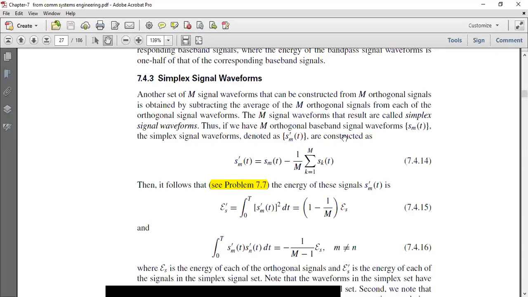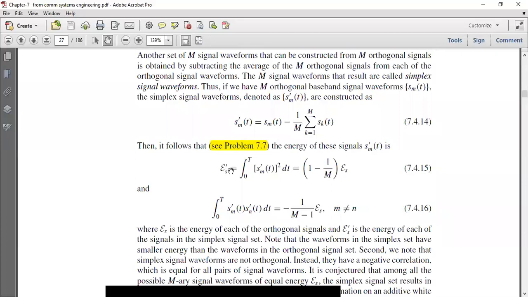The M signal waveforms that result are called simplex signal waveforms. Thus, if we have M orthogonal baseband signal waveforms Sm, the simplex signal waveforms are constructed as shown. Then it follows from problem 7.7 that the energy of these signals is calculated by taking the square of the signal. You can go to the solution of problem 7.7, and you will see that it is equal to 1 minus 1 over M times ES.